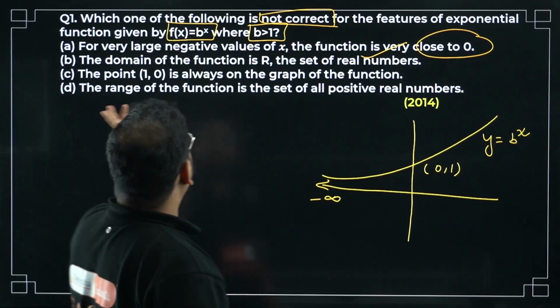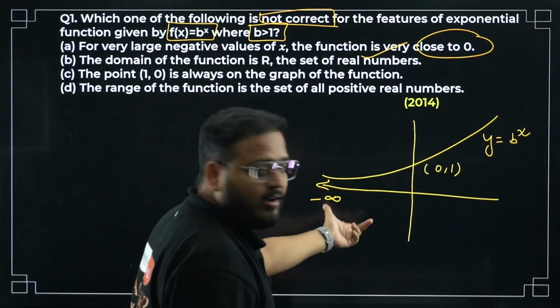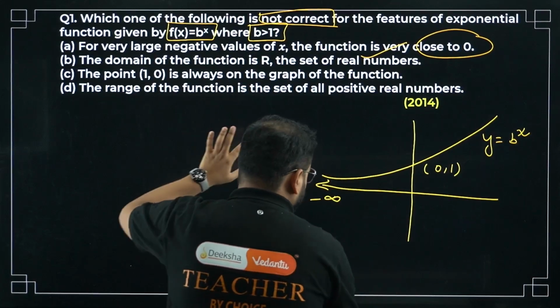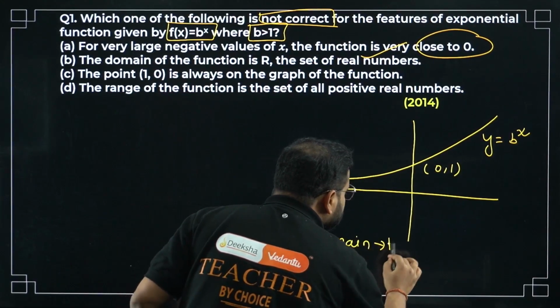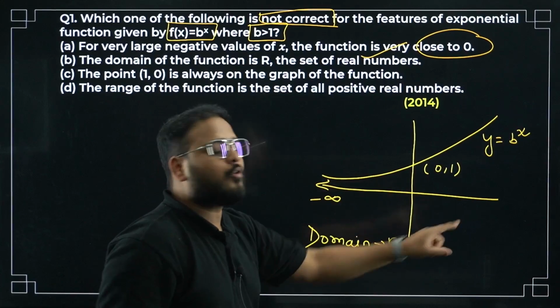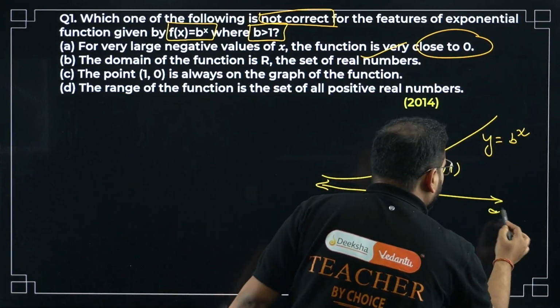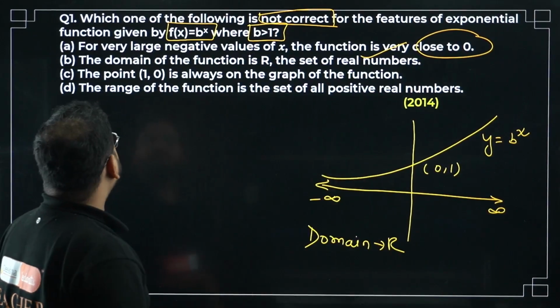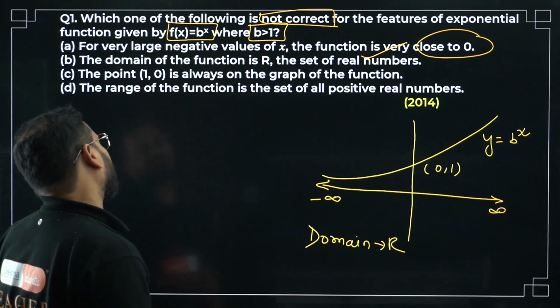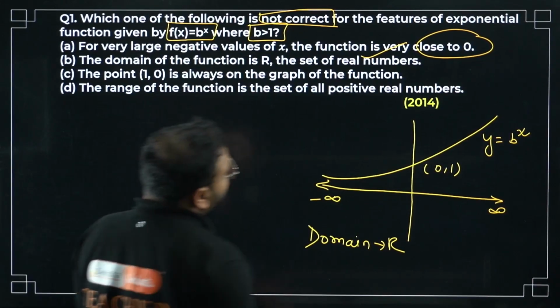Next bacha, the domain of the function is R. Correct, na? All real numbers. Domain is all real, sir. From negative to positive infinity, all real numbers are acceptable in domain. Okay. Option number C, the point (1, 0) is always on the graph. (1, 0)?